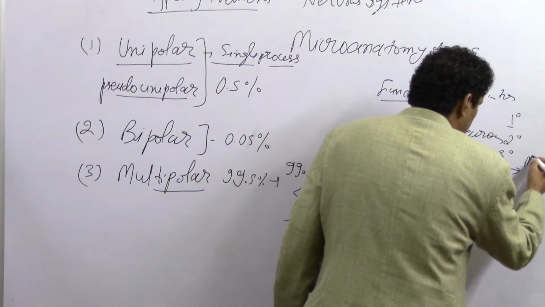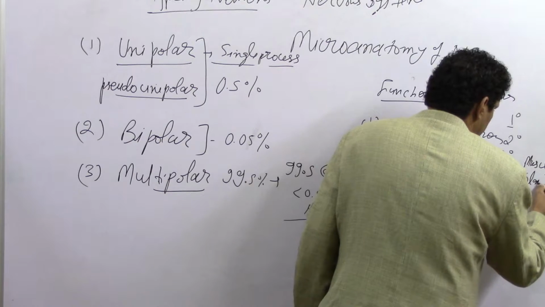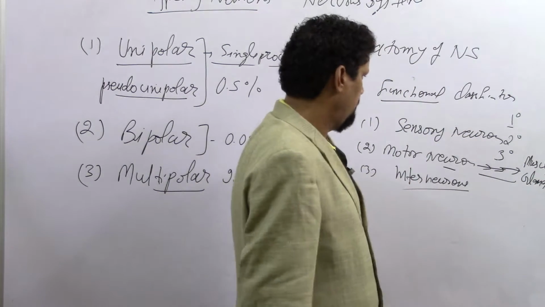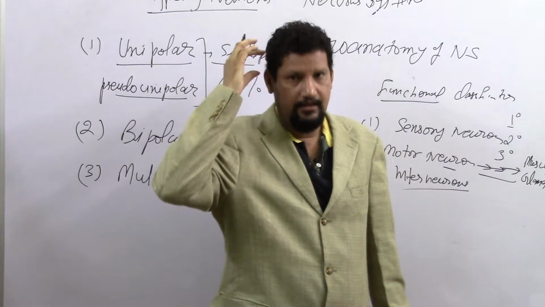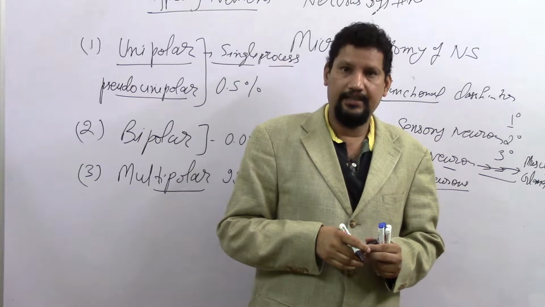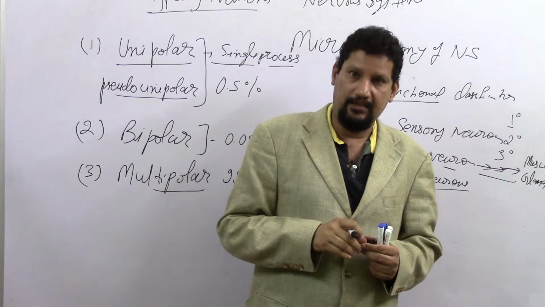So muscle or gland, motor neurons, which is bringing the motor command from the motor cortex of the cerebral hemisphere in the subcortical parts. It may be brainstem, it may be spinal cord.